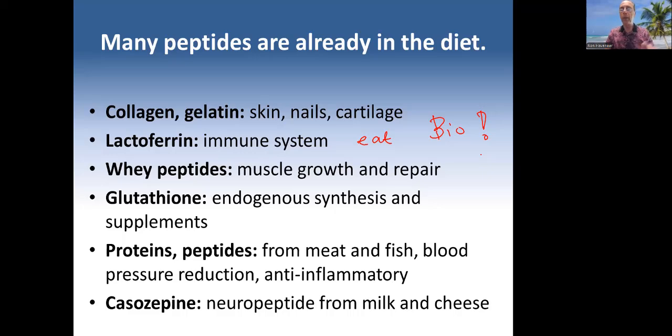Because if it is not bio, let's say they make glutathione from some supplements, but there's also sometimes toxins inside the ingredients. Okay, so if you concentrate, let's say a vitamin or a peptide inside a commercial product, well, please, if you have the choice, do yourself a favor, take the bio.